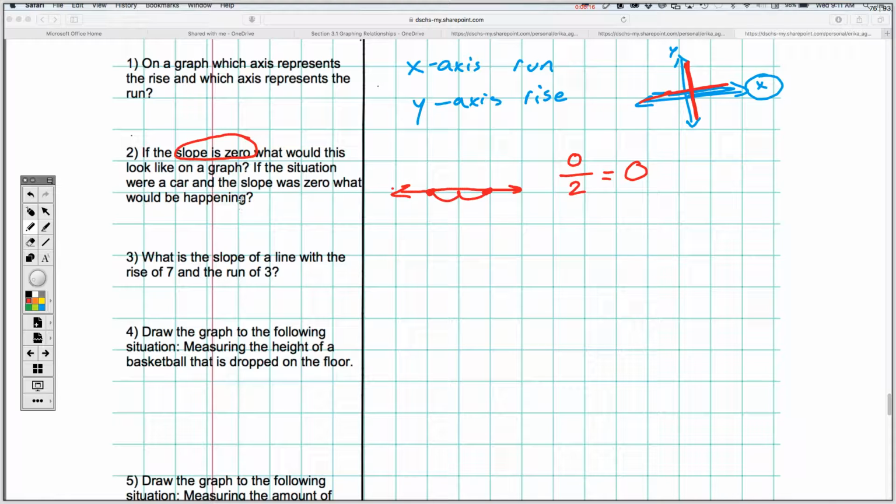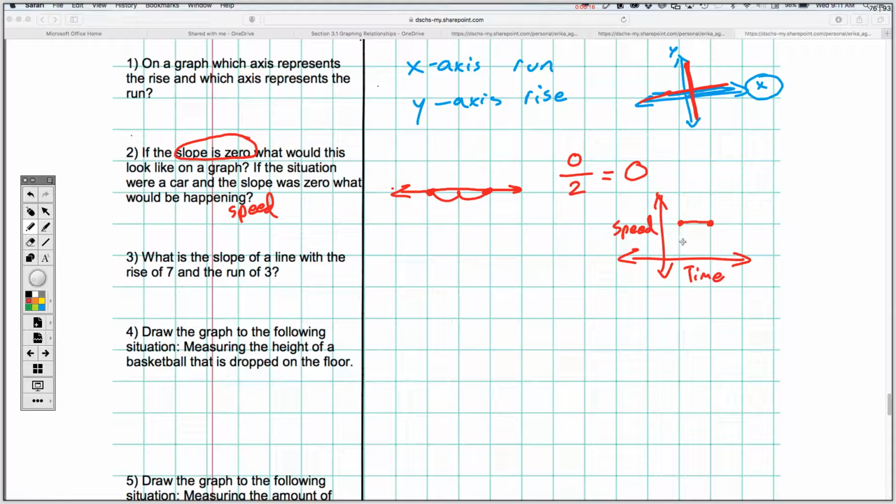Okay, what would this look like if it was a car and the slope was 0? What would be happening in this situation, Luis? Okay, just sitting there. So if we were measuring speed for the y-axis, so this is time, this is speed, and I say from this time interval it's flat, that means the car is at the same speed.